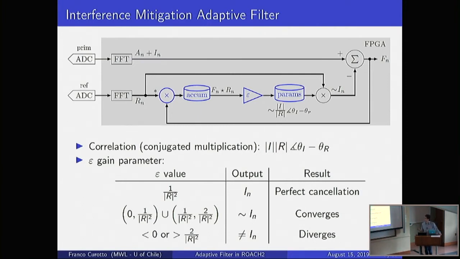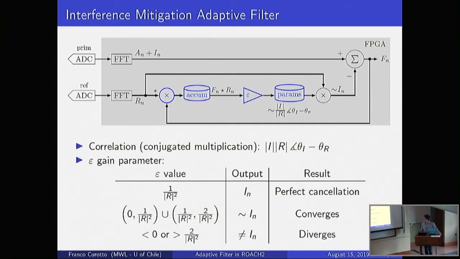But if you don't know, you can estimate the amplitude of your interference, and you have to stay in this interval in order for the filter to work properly. Even if your estimation is not perfect, you get an output that is estimated as the interference you're looking for, and over many iterations, because this is a feedback loop, your filter converges to the cancellation of the interference.